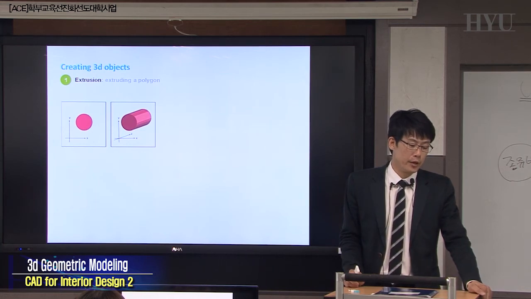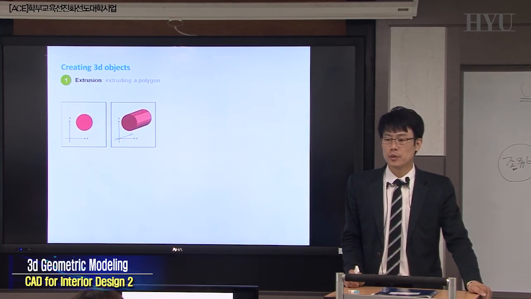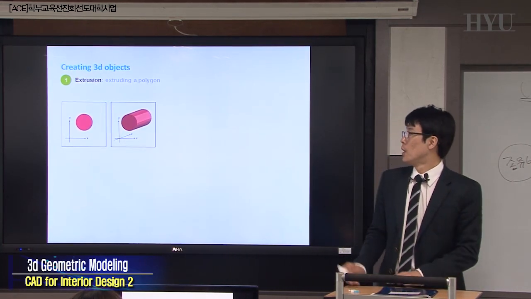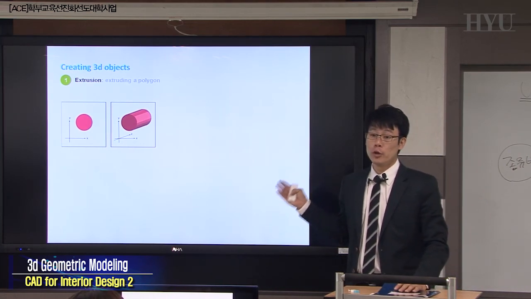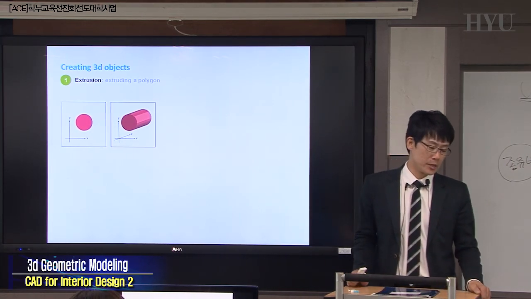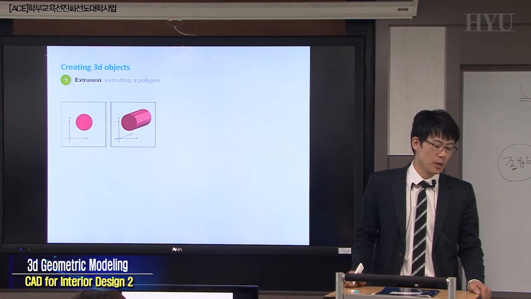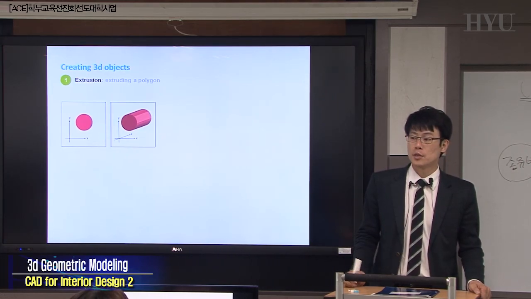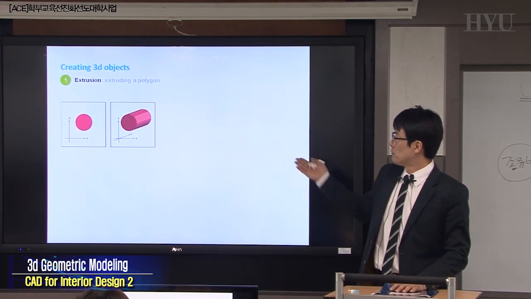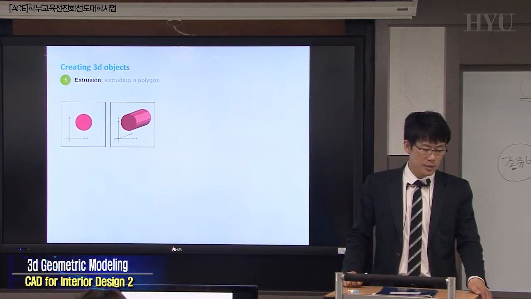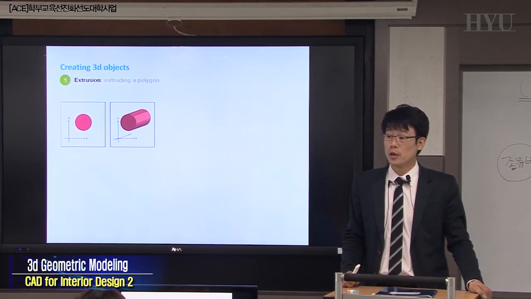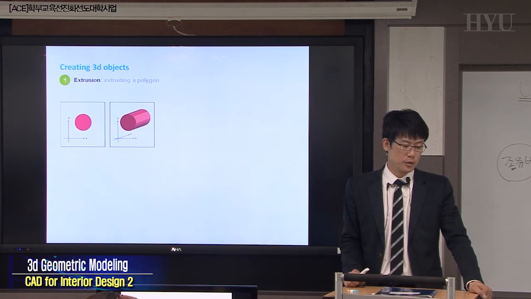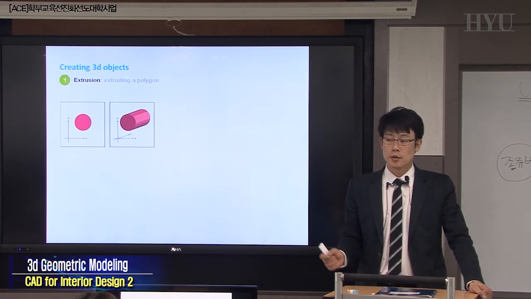Okay, the first way, we actually reviewed this one, but let's take a look again. Because we will do a series of lab exercises for creating 3D objects using this kind of sequence. First one is extrusion. You are familiar with making 3D objects in SketchUp.